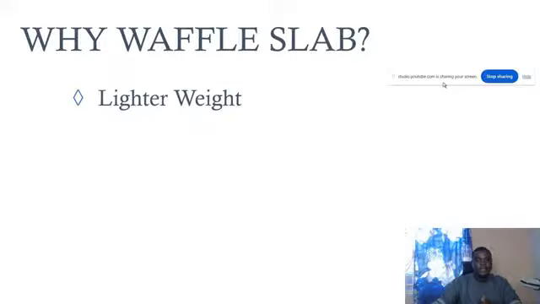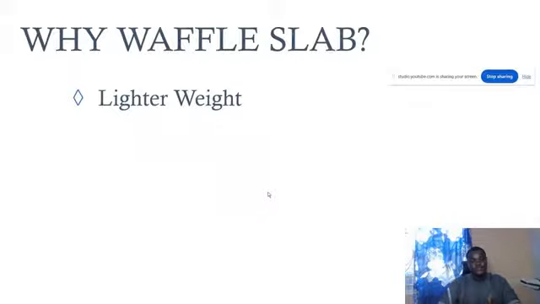When we talk about lightweight, we are comparing the weight of a normal waffle slab to a corresponding solid slab. So if your waffle slab has an overall depth of 300, comparing that with another solid slab or flat slab of the same thickness of 300, the waffle slab is going to have a lighter weight, because in the construction of waffle slab, we've removed a considerable amount of the concrete and made it void.